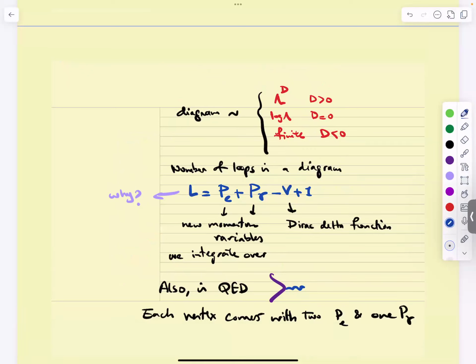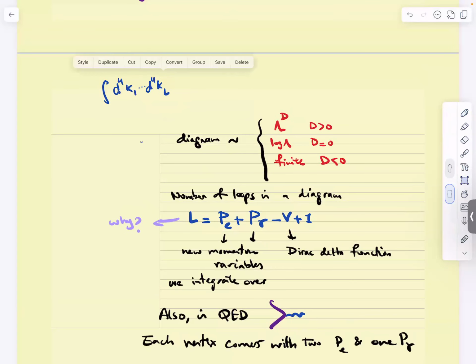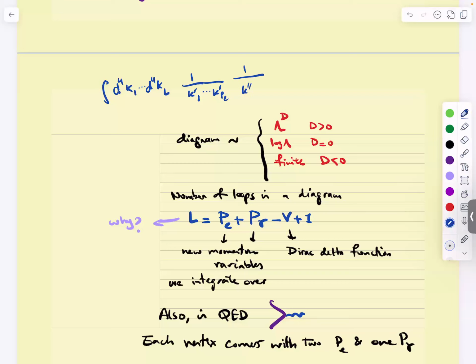Now, these integrals are like this. So here are the loop integrals, and then you have 1 over, say, k'_1 to k'_{P_e}, and then k''_1 to k''_{P_gamma} squared, and then there are integrals over these as well.